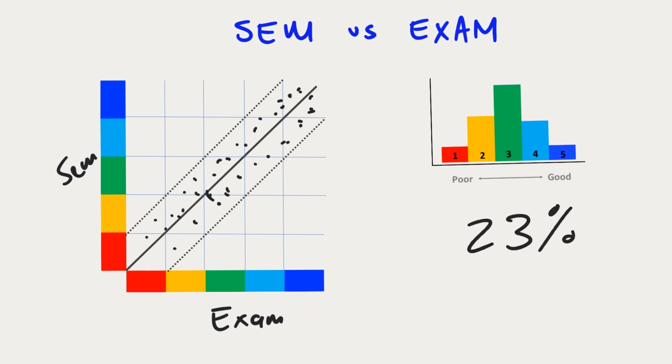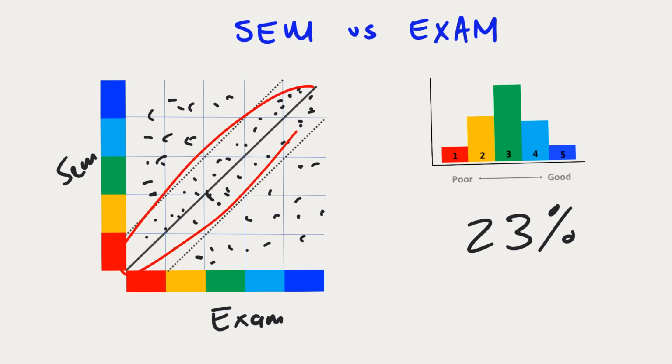That's, to be honest, horrific. Truly horrific. The rest of you, I'll just redraw the real plot here, were lying all over the place. It really looked almost like a gunshot, and less than a quarter of you were lying in this region that we wanted you to lie in. So that's the +5, -5%. Horrific when we compare the semester test to the exam, the 23% we had on the semester and exam comparison.